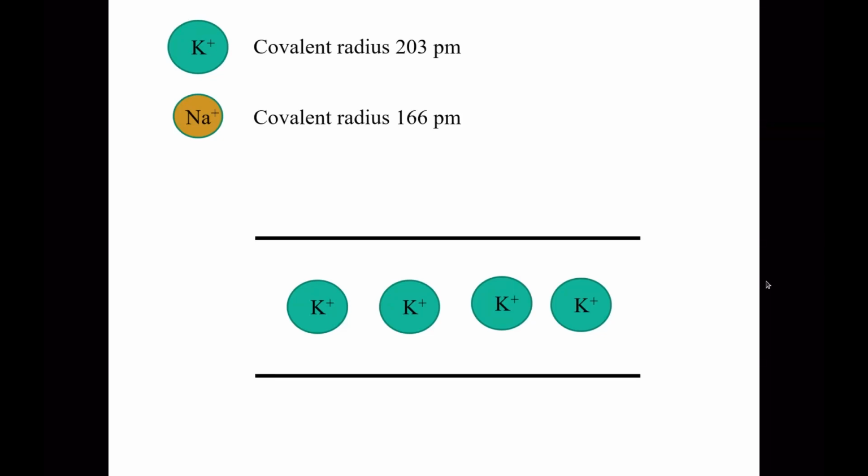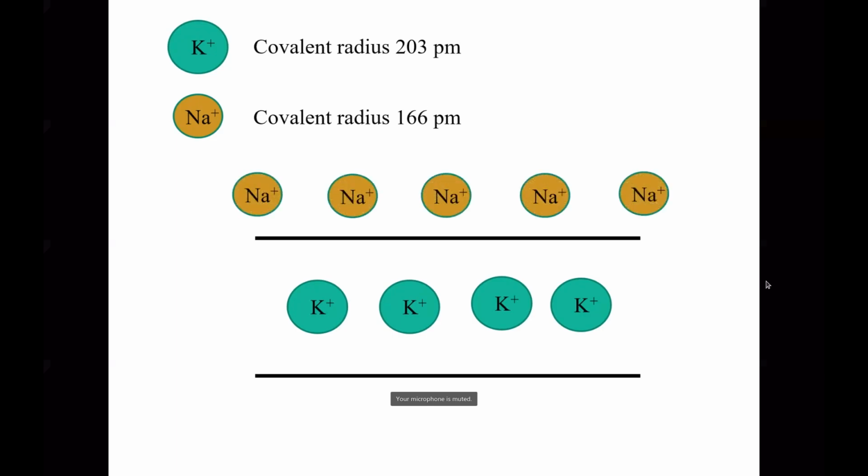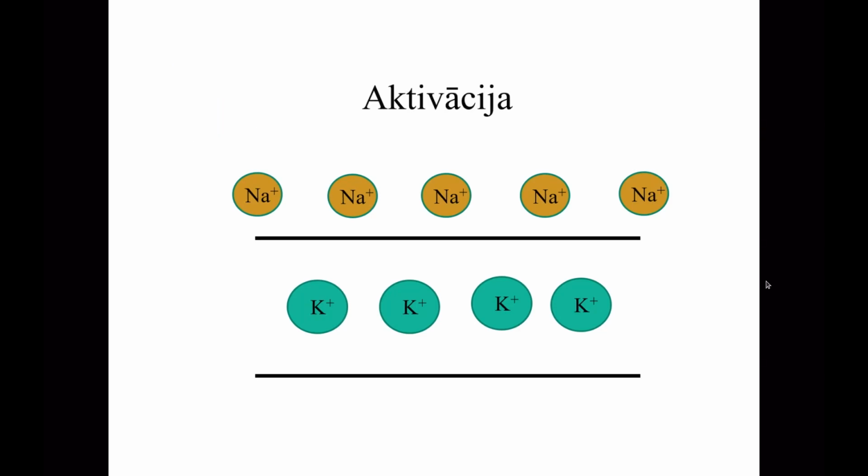And we have the natrium from outside with the smaller covalent radius, 166 picometers. Definitely, this natrium ion has a chance to go through the membrane into the internal liquid, just because of some fluctuation, maybe some electrical excitation, for some reason. We call it the activation reason. So it's in. What next?